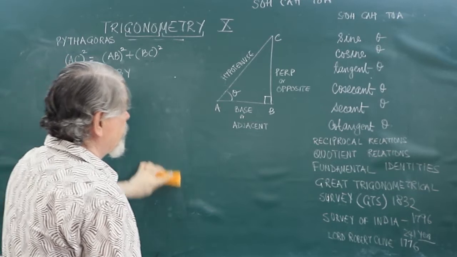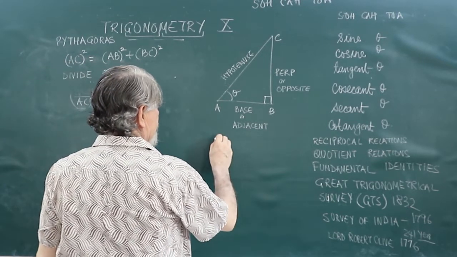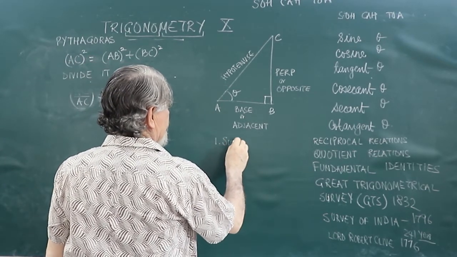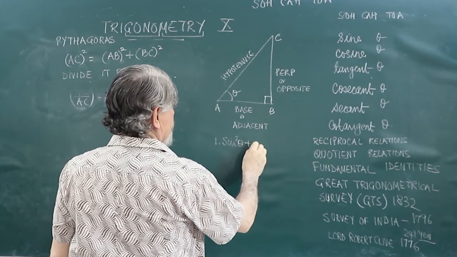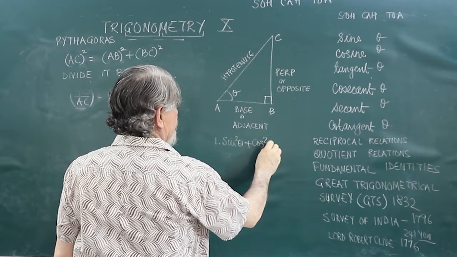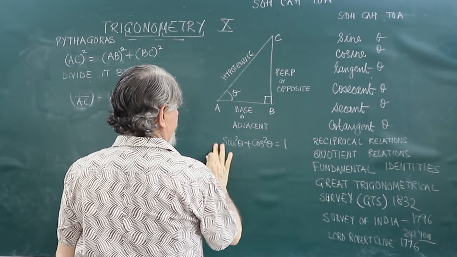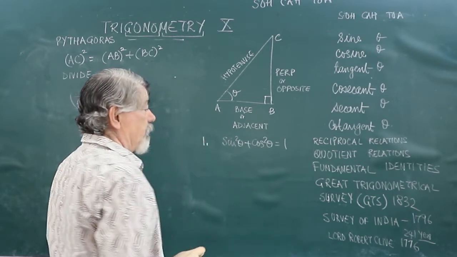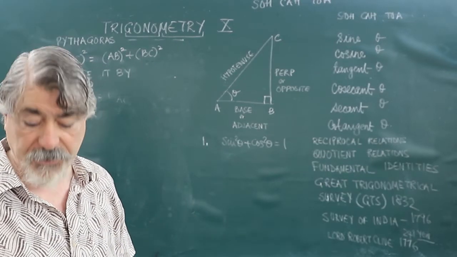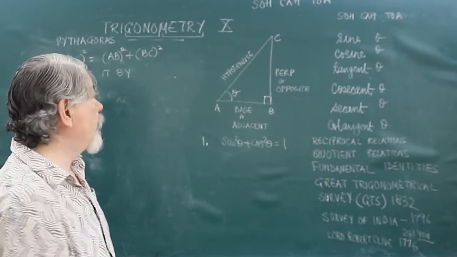First identity is sin square theta plus cos square theta is 1.